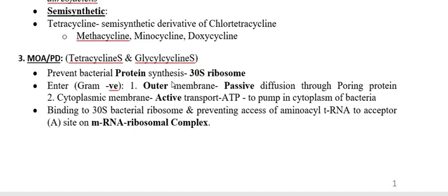Once the drug is in the cytoplasm of the bacteria, it goes to the site where the 30S ribosome exists. The tetracycline binds with the 30S bacterial ribosome, at the site we call the A site.